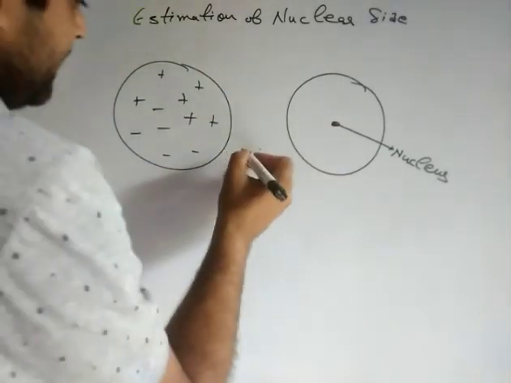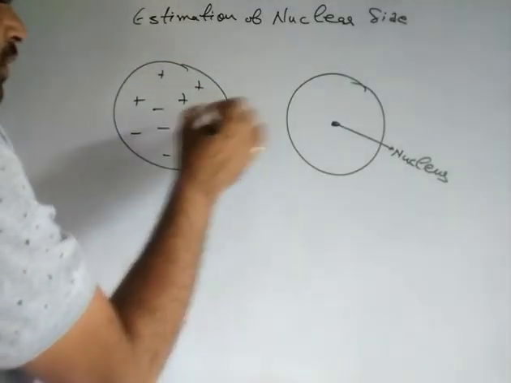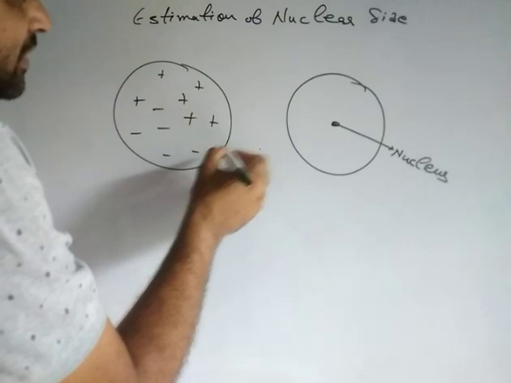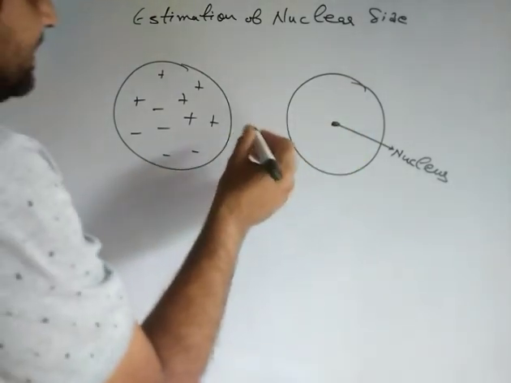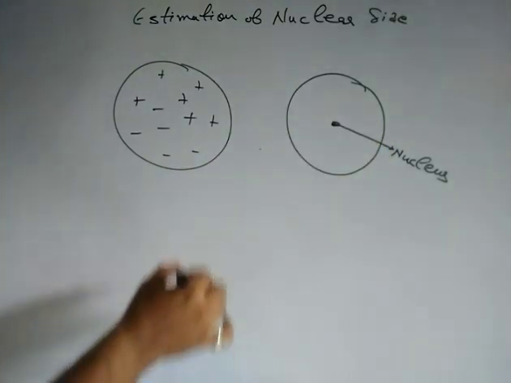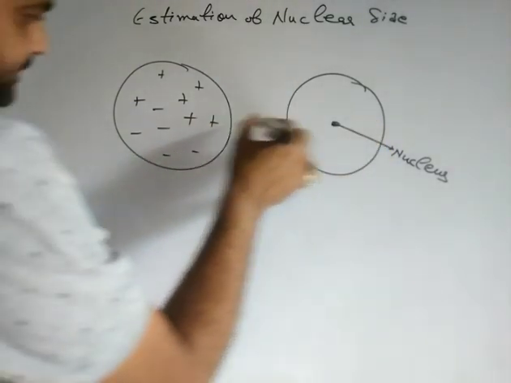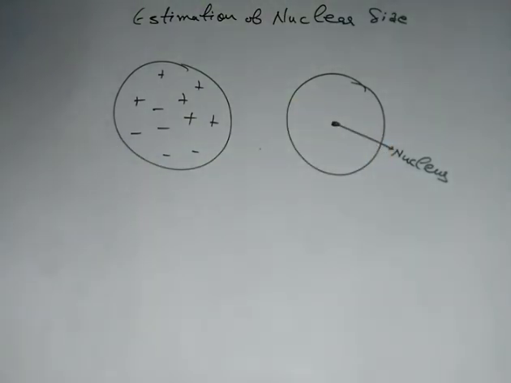Rutherford argued that this uniformly distributed charge will not be able to produce enough electric field to deflect the alpha particle. So he said that one type of charge, namely positive charge, has to be concentrated in a very small volume so that it can produce sufficient electric field to deflect the alpha particle by a large angle.